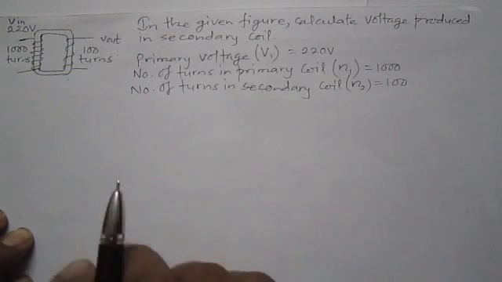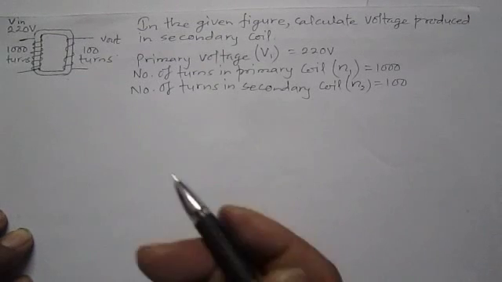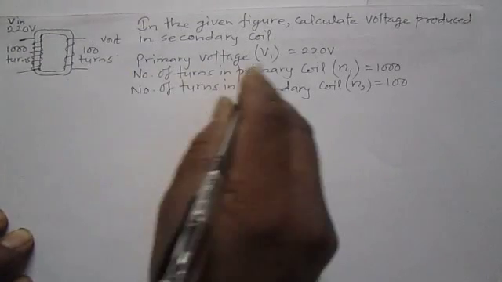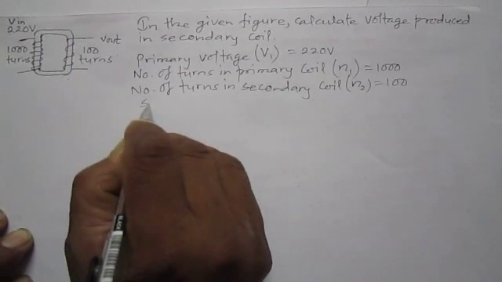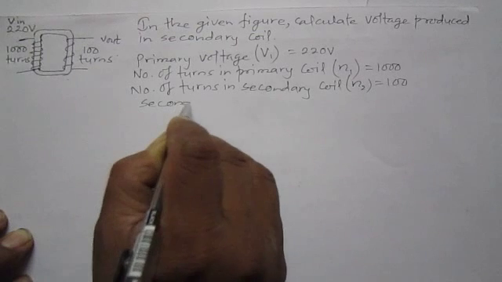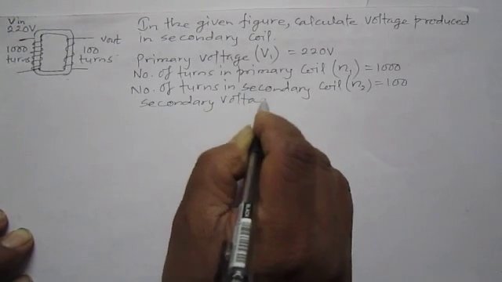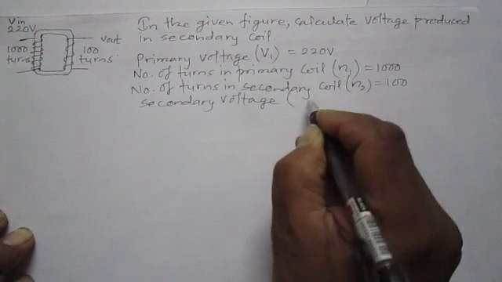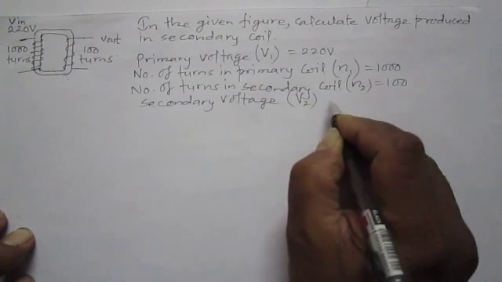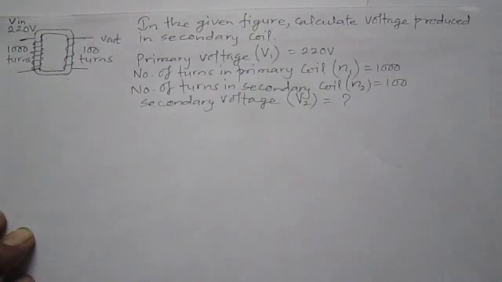Now the question is the secondary voltage. How much is the secondary voltage? Secondary voltage can be denoted by V2. This is the question mark.